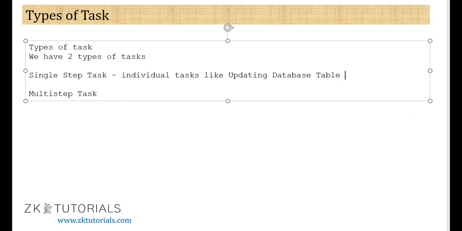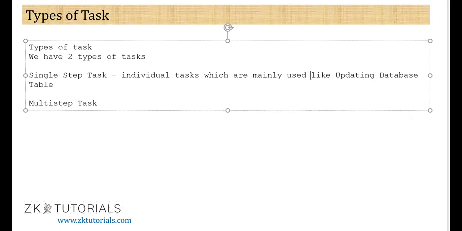These are small individual tasks which are mainly used to do a single activity. Through this, we can do only a single activity. They cannot do multiple sets of operations. They are mainly designed to do only a single step.